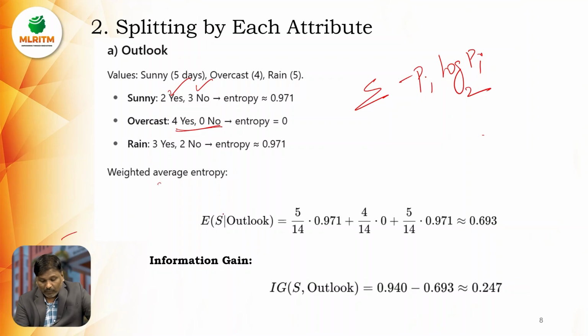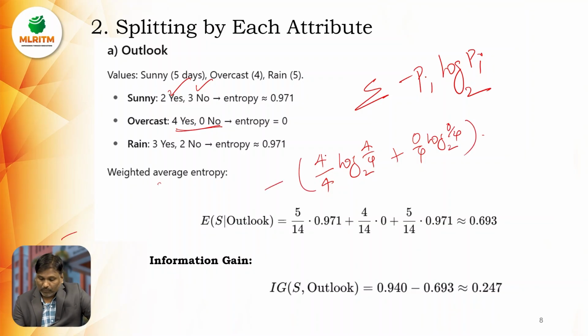So for the P of yes condition, 4 by 4 into log of 4 by 4 base 2, plus what about the no condition? 0 by 4 into log of 0 by 4 base 2. So 4 by 4 equals 1, minus 1 into log 1. What is log 1?